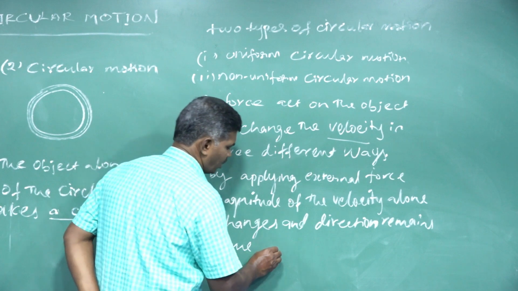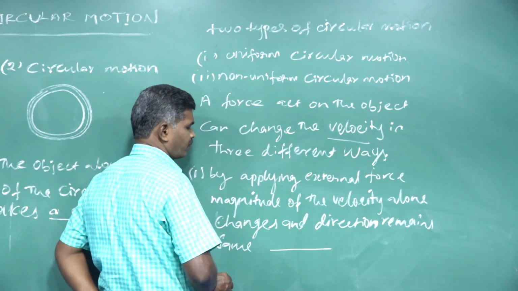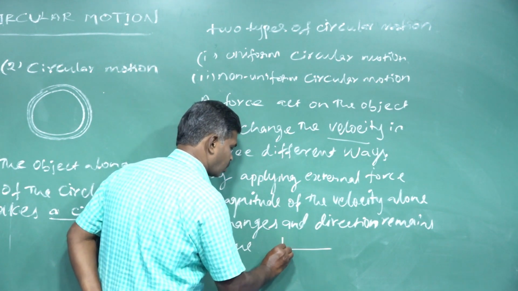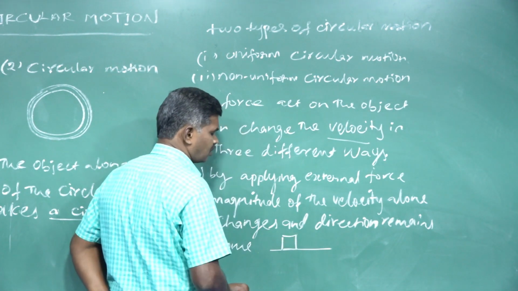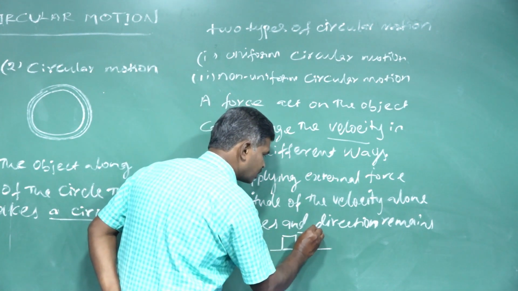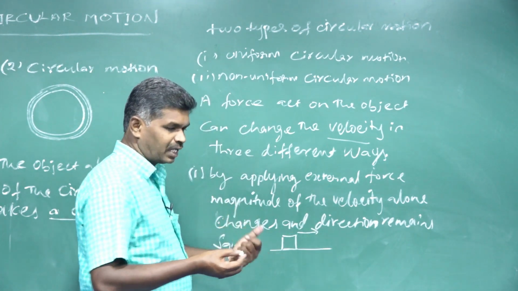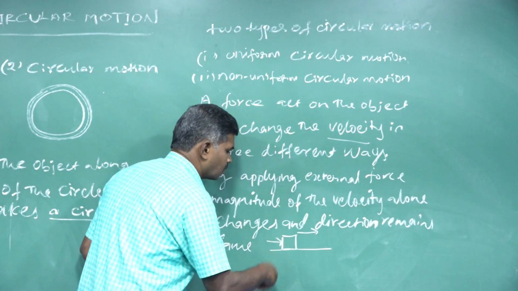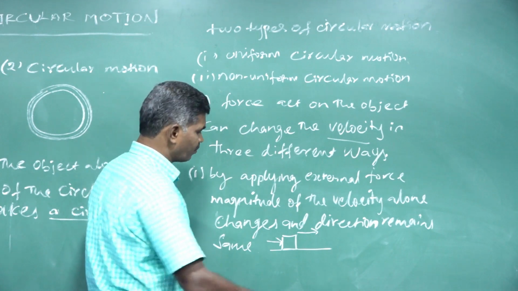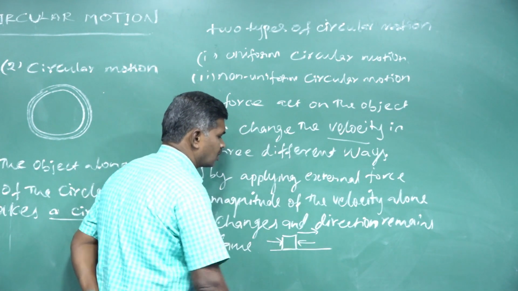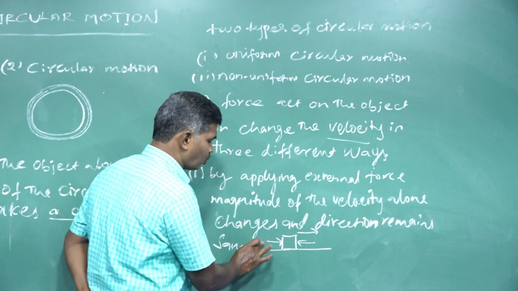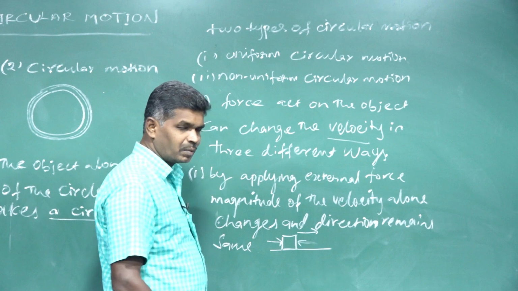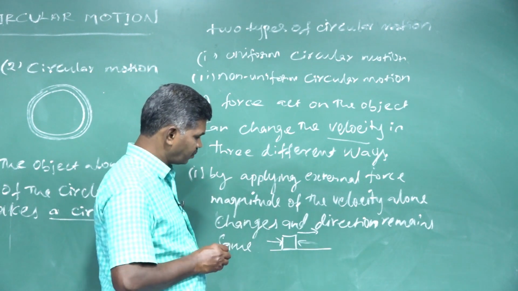If a net force is acting on that particle, that force may be one of the cases we are going to tackle. If it already moves in one direction, you may apply a force either in the direction of the motion of the object or opposite to the direction of the motion. If you apply a force in the direction of the motion, that makes a positive acceleration.